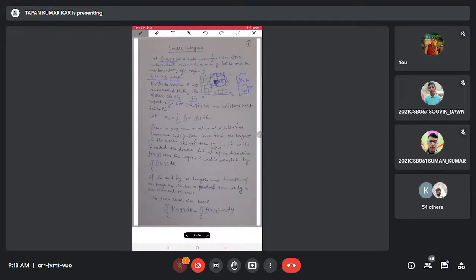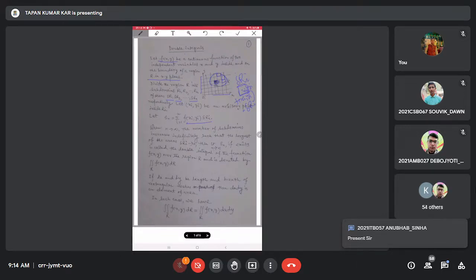So the functional value is f(xi, yi). Now if you multiply this functional value by the area of this region, then we get this one.